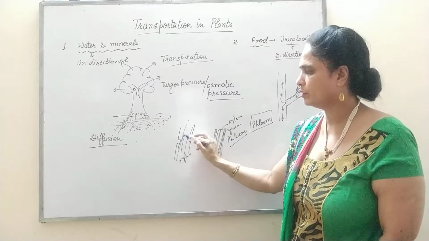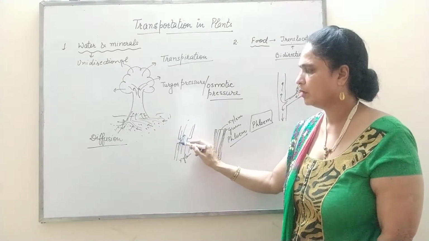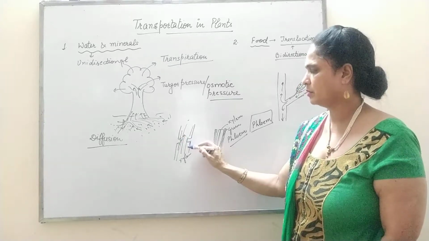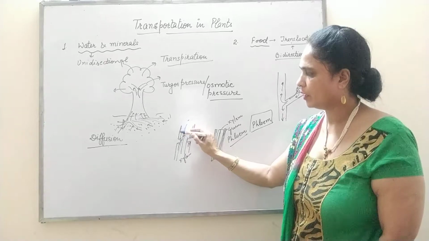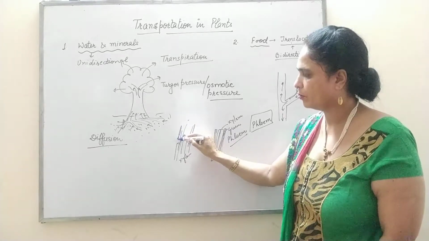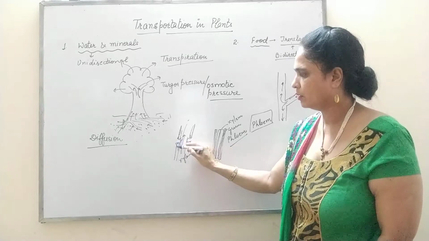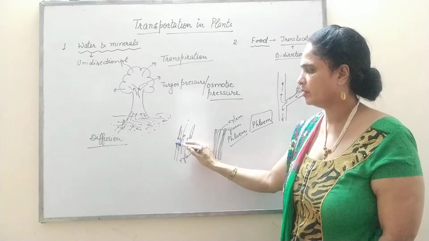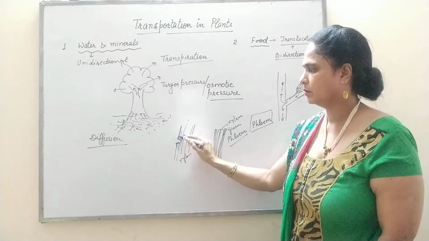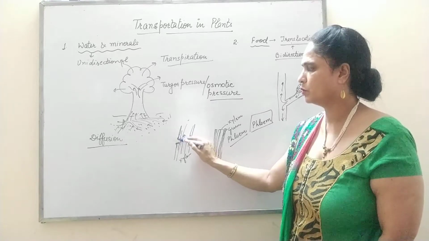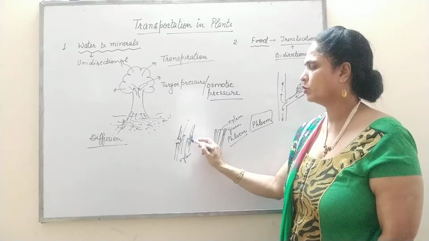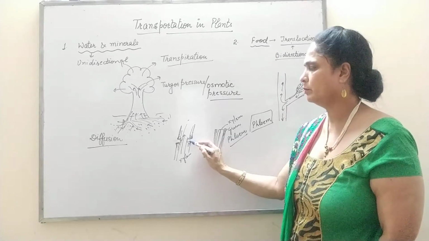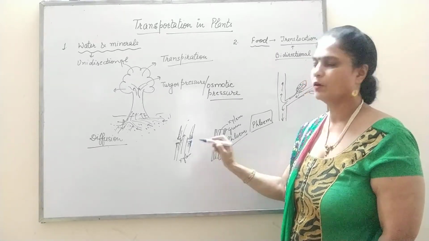Up to here the food is moving, up to here the food is moving, but no movement takes place here. Similarly on the other side, and after a few days what we will find? We will find it will swell from here and from here because of the storage of starch here. You all know that the food is stored as starch in the plant. So what does it show? That the transportation of food occurs through the phloem, and which is the phloem? It is the outer part.